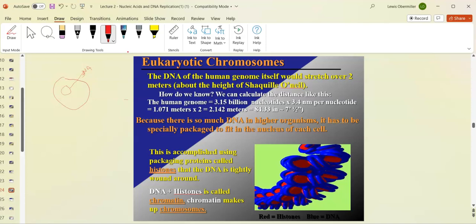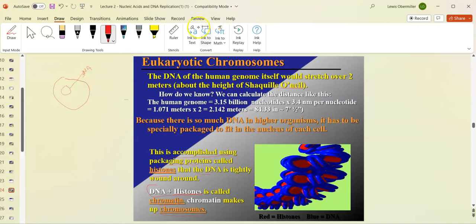So that's a logistical problem that the cell solved by packaging the DNA on these chromosomes in a very specific way. This is accomplished by using proteins called histones that we talked about already, and the DNA is super tightly wound around these histones. So DNA plus histones is called chromatin, and chromatin makes chromosomes, right?